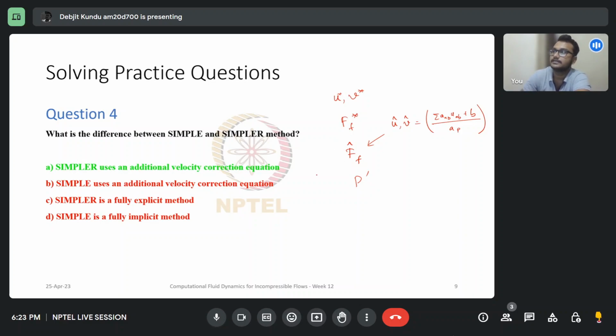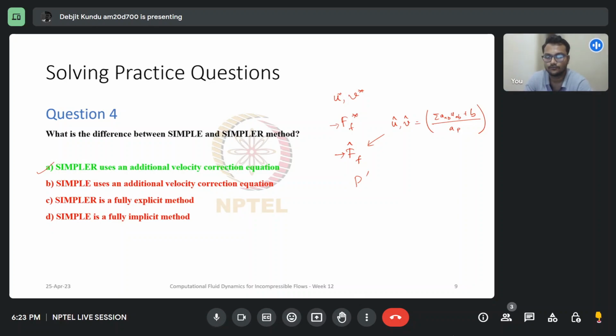So instead of solving only one velocity correction equation, we solve two in SIMPLER. That's why option A would be the correct one, because SIMPLER uses an additional velocity correction equation. I hope that makes things clear.